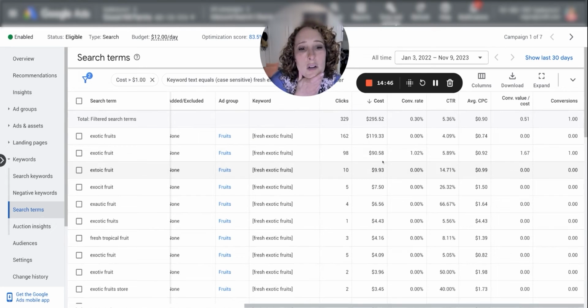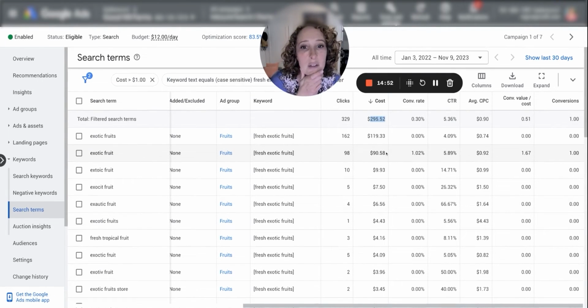Okay. All right, so overall, this keyword has spent $295 that we can see, right? Google doesn't share with us all search term data, which is very frustrating. And out of that almost $300, we have one conversion at a ROAS, conversion value divided by cost, of 0.51. Again, I'm looking at all-time data here.